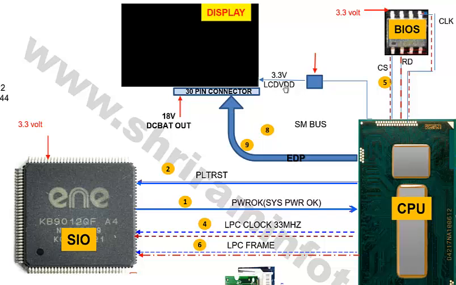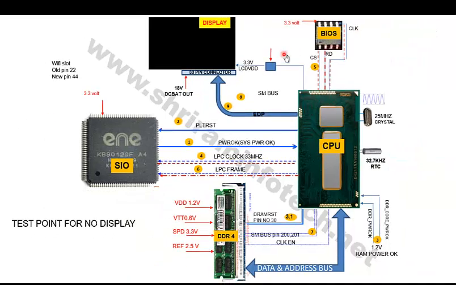One is called the LCD VDD, that is 3.3 volt, and another is 18 volt, that is for the backlight circuitry. Okay, so before communicating with the LCD, the CPU sends 3 volt to this LCD VDD pin, and here is that communication. LCD VDD is like this. So you have to check this LCD VDD.